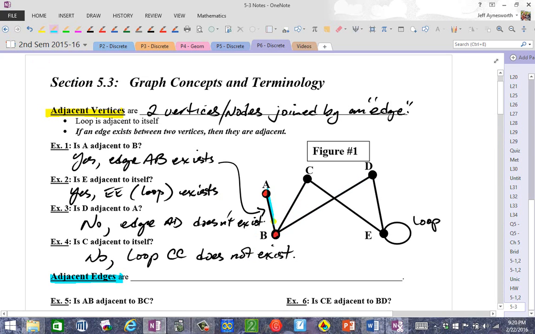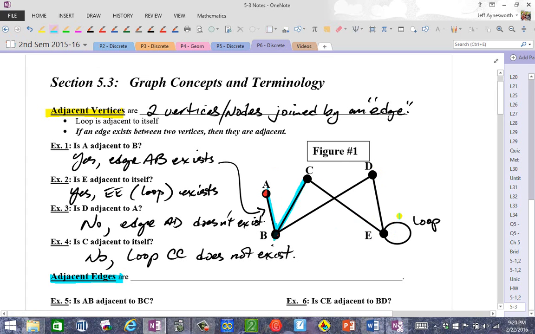But I cannot say that AB is adjacent to DE here. And I cannot say that AB is adjacent to CE, because there's a big difference there. So what makes AB adjacent to BC and not CE? Or AB adjacent to CB and not DE?